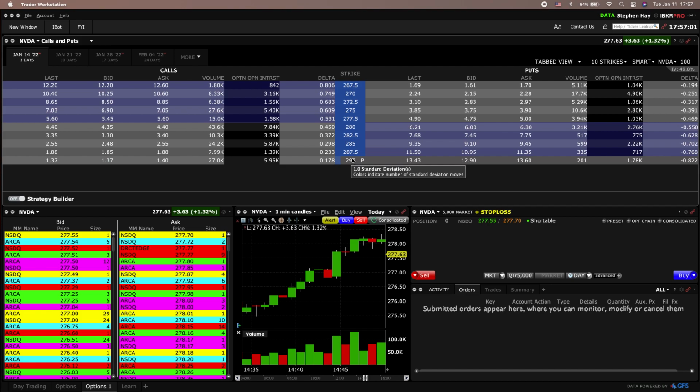So, things that I look for when I'm day trading is I want a delta of at least 0.30. Now, why 0.30? It's because it's enough that when the stock moves in your direction, you're gonna make money. If the delta is too small, like in this case here for the 290 strike price at 0.17, you're not gonna be making that much money when the stock moves in your favor, right?